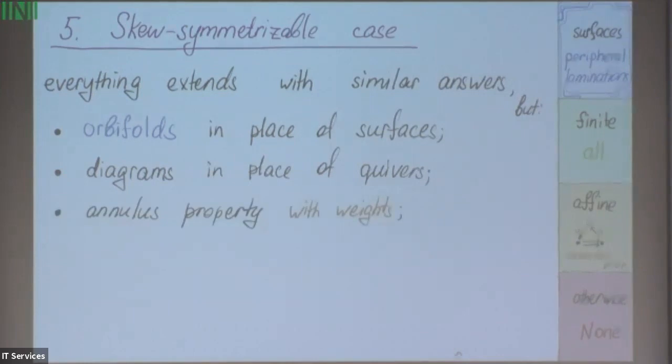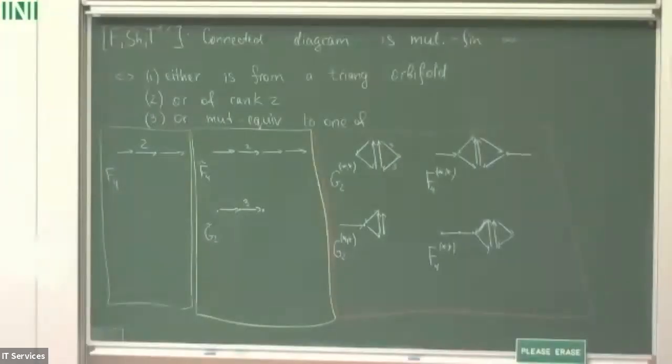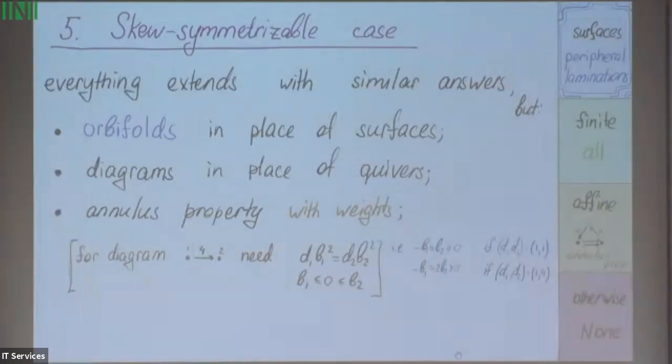And the analogous property will get some weights in it, namely, if you have a diagram, not a quiver, but a diagram with an arrow of weight 2, or of weight 4, which correspond to a quiver with an arrow of 8, 2, then we will have these little weights in the analogous property, which translates something like that.